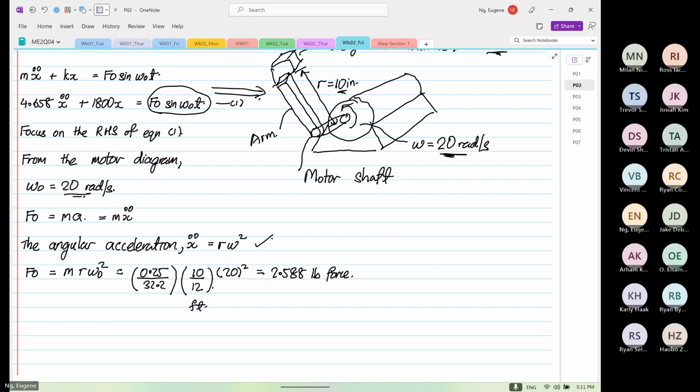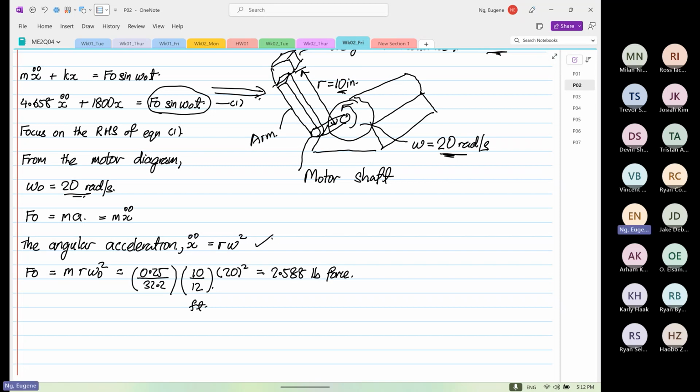Yes, the force amplitude of the arm is imposed by the sine omega naught t frequency. So the amplitude is not constant. The force amplitude will be oscillating.